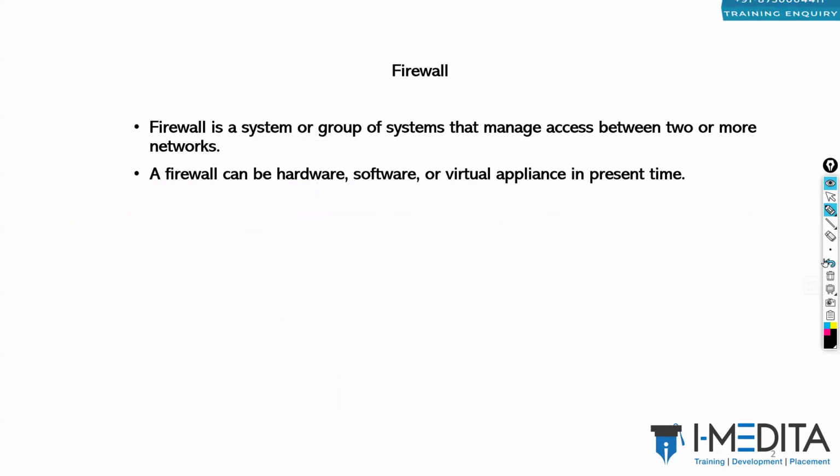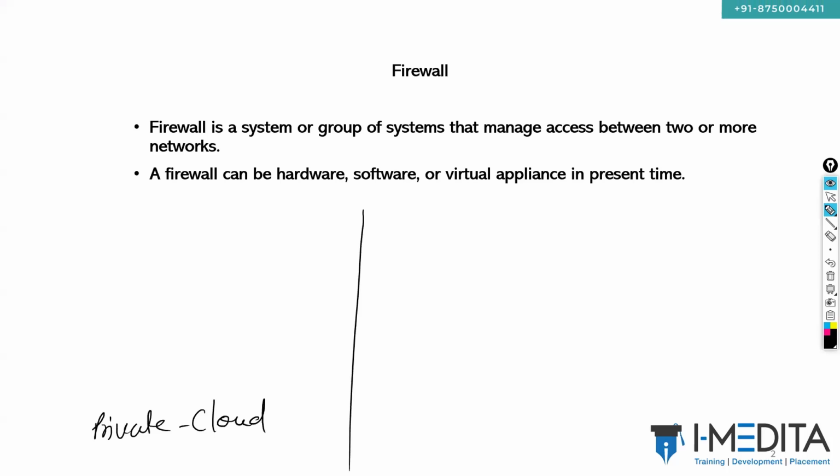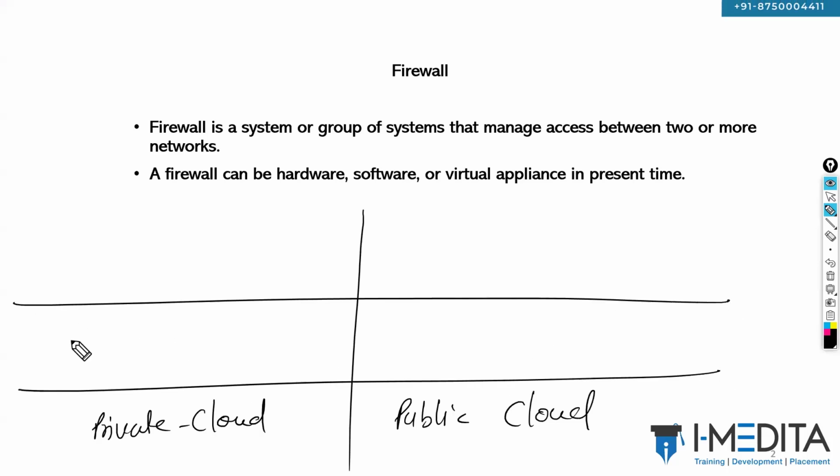Now let's go through the scenario when the firewall will be in virtual format. In present time, we use cloud, and we use two types of cloud: private cloud and public cloud. Private cloud means VMs, where ESXi.